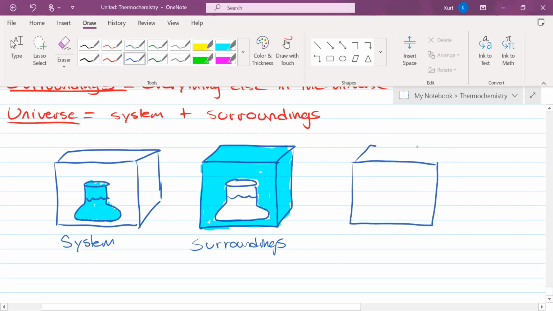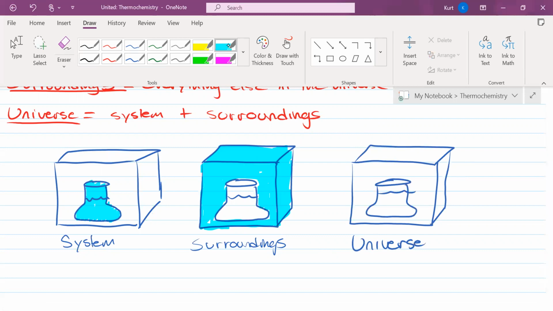So what do you suppose the universe is? Any ideas? Look at the definition. The entire box and everything in it. So what is the net change in the universe? Zero. There's no change in the universe. It's just flowing from one area to another.